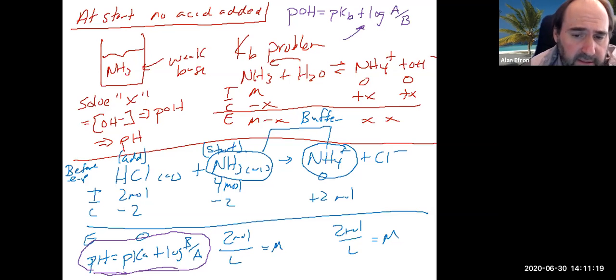So alternatively to the one on the bottom here, you could use that version of the Henderson-Hasselbalch equation that we talked about. But remember that that doesn't give you the pH, that gives you the pOH. So you still need to subtract 14 from that, right, to get to the pH.